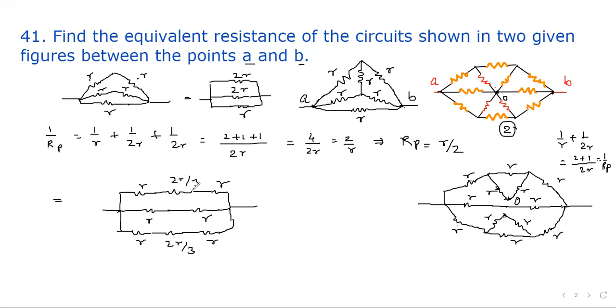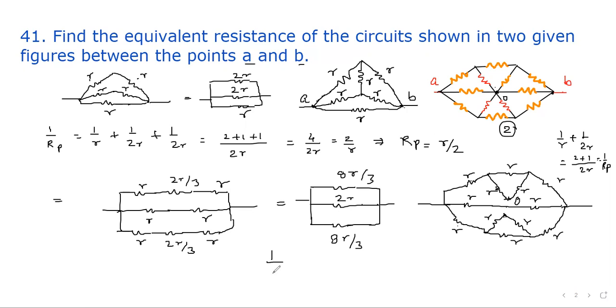Now we find the equivalent of each row. So R plus 2R by 3 will give 8R by 3. So this will become 8R by 3, in between it will be 2R, and here this will also be 8R by 3. Now, these three resistances are in parallel.